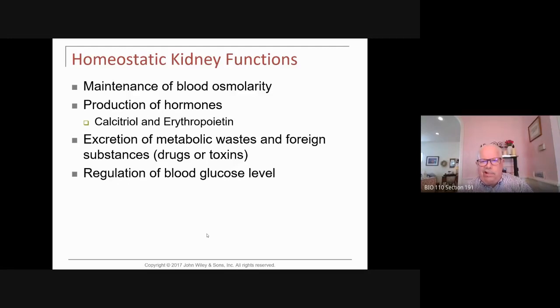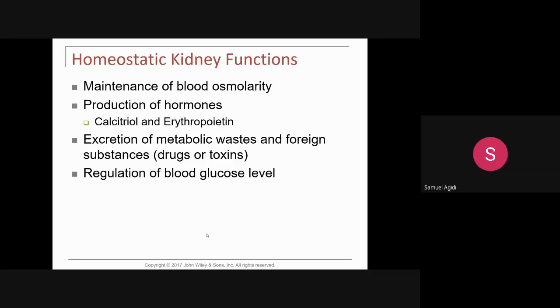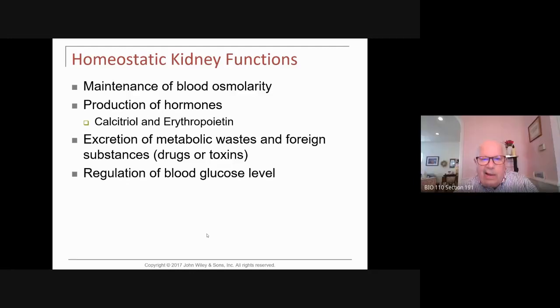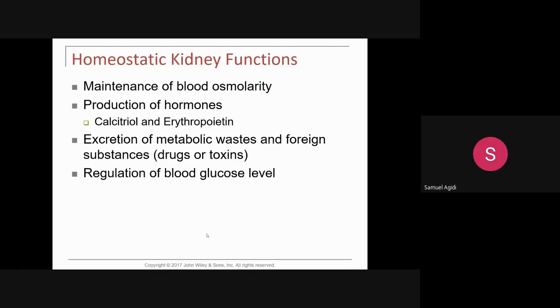What if I told you the system was the RAS system? RAAS. What does the R stand for? The renin? Renin. It's renin. Who's that? Is that Sam? Yes, sir. It stands for renin.